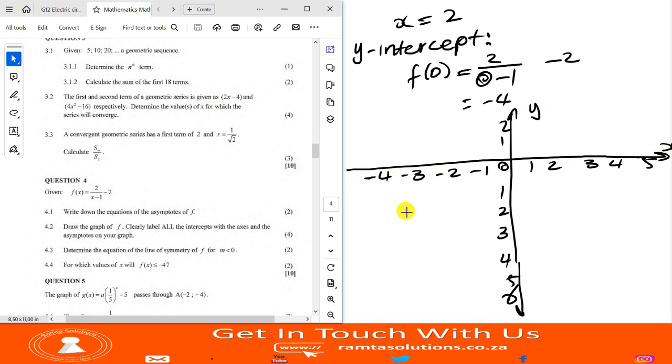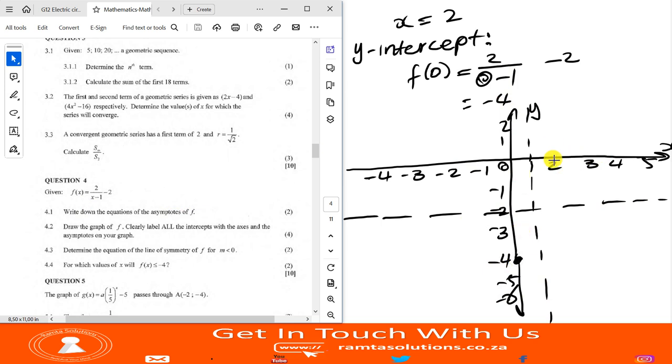We said the horizontal asymptote is y equals negative 2, so we will just draw this line here. And the vertical asymptote was at x equals 1. We just found that the y-intercept is negative 4, here it is, and the x-intercept was positive 2, here it is.